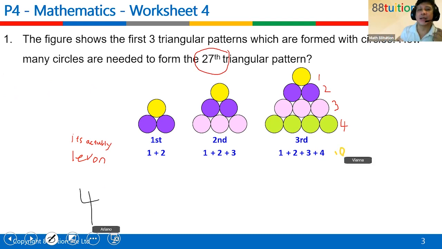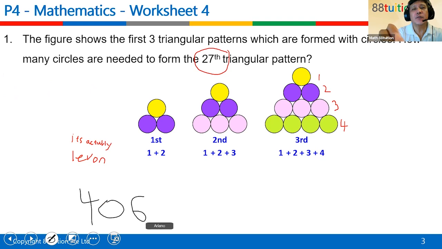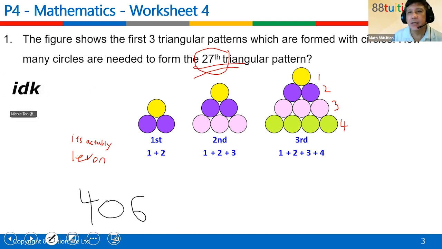Okay. All right. Okay, so firstly, who can tell me 27 triangular pattern is actually 1 plus 2 plus 3 up to which number? Ariano, your hand is raised. You wrote the 406 is the final answer, right?